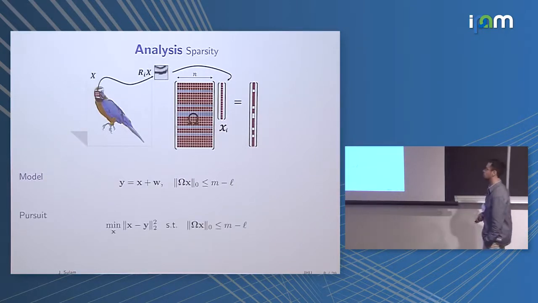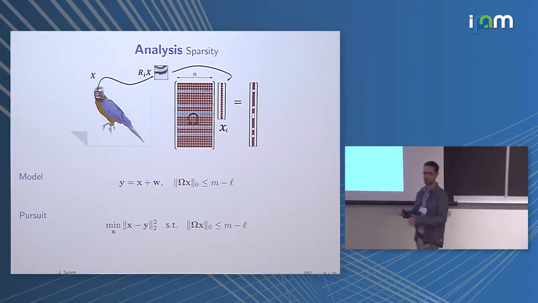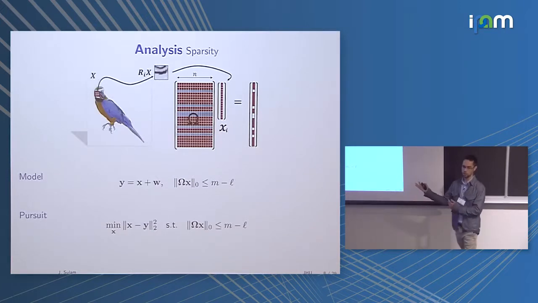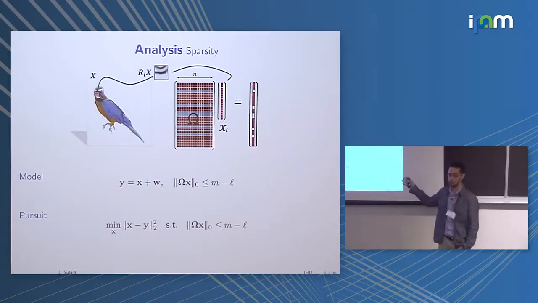And just like before, this is a very hard problem, and you can devise all sorts of approximation algorithms, and there's kind of a parallel story for these models just as well. I want you to keep this in mind, because a little bit further in the talk we're going to actually combine both of them.